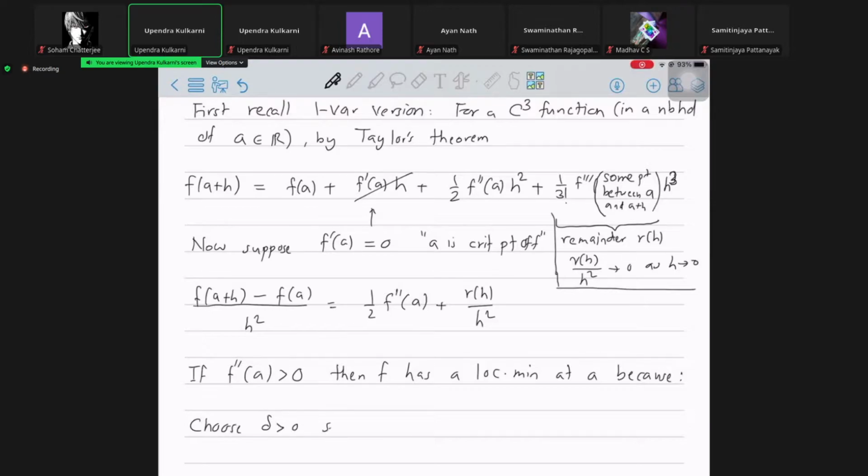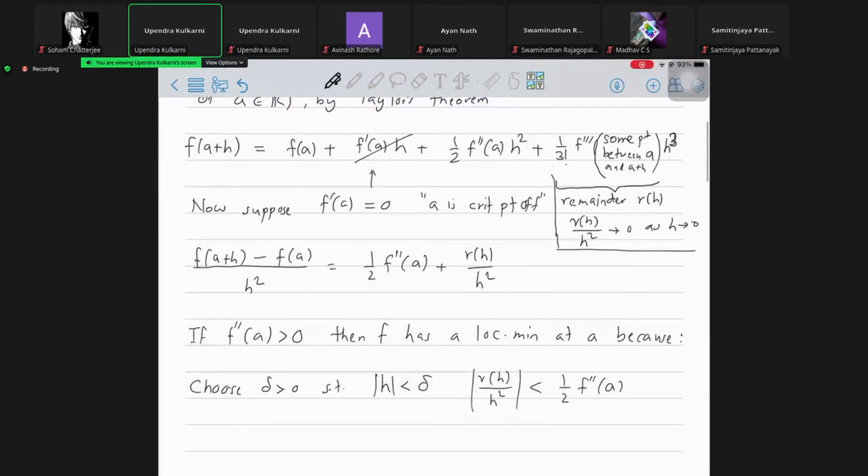Choose delta greater than 0 such that whenever h is smaller than that in absolute value, this r of h by h squared, in absolute value, is smaller than the first term. So then the right hand side is going to be greater than 0 for all h in this range. Straightforward, right?